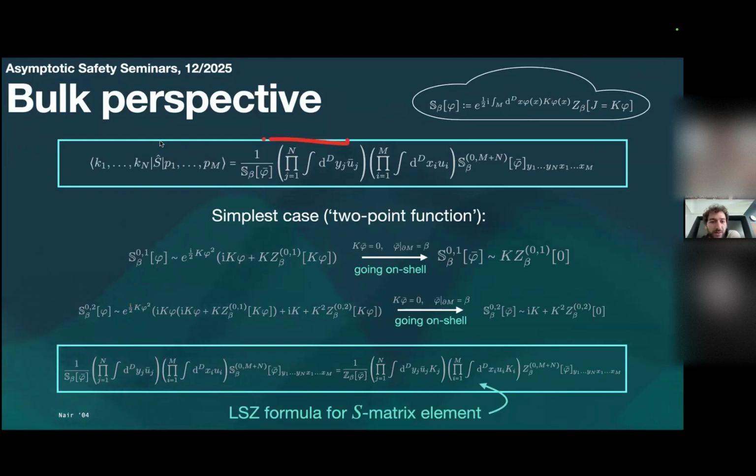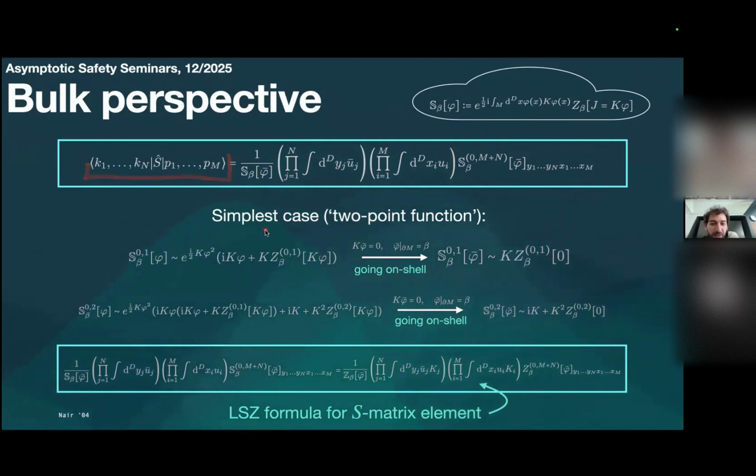The basic idea is that I will argue that whenever I have this contraction with the Fourier modes, this guy equals the kinetic operator acting on my correlation functions. So basically, this would be the right-hand side of the LSE formula. And this is how I will argue for the equality with the S-matrix elements.